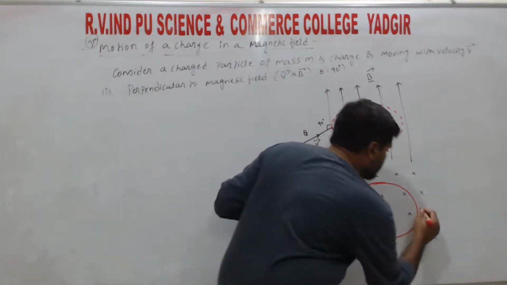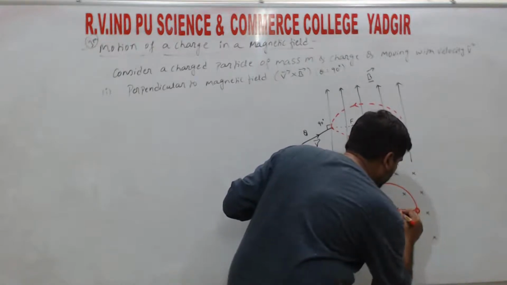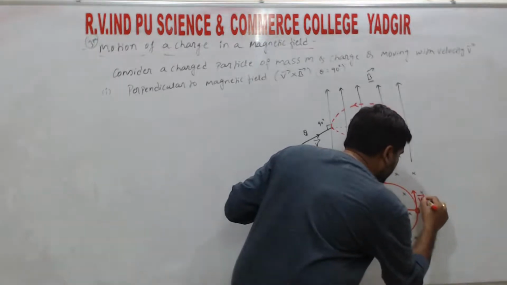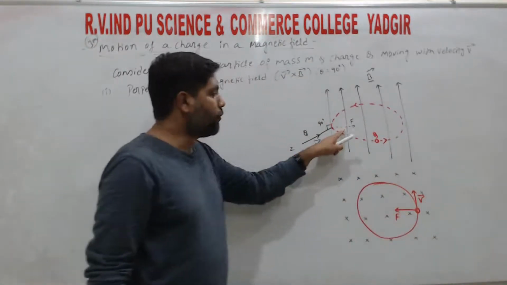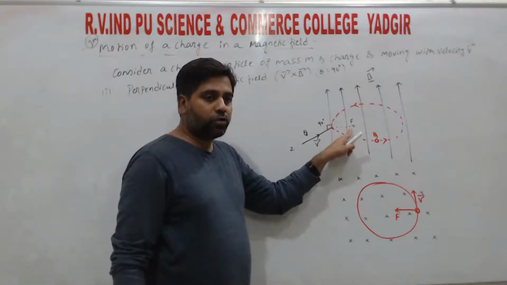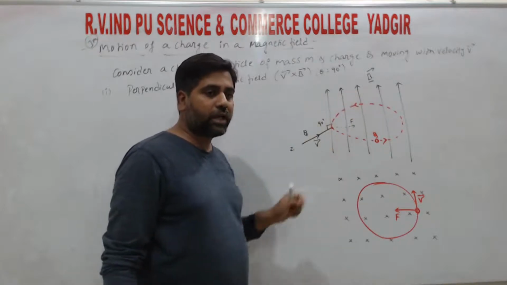So the charge is here, the force is inside and the velocity is v, because v and F are again perpendicular, right? So the velocity and the force are mutually perpendicular. That means F, v and B, all these three are mutually perpendicular.